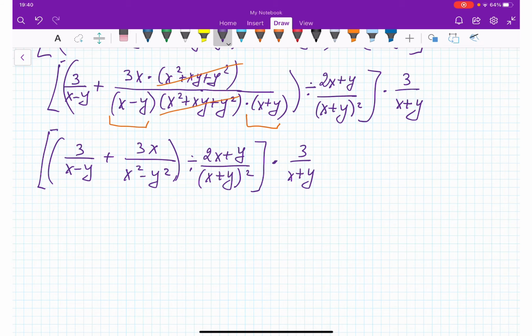So this one is x minus y and x plus y, common denominator is going to be x squared minus y squared, yes?